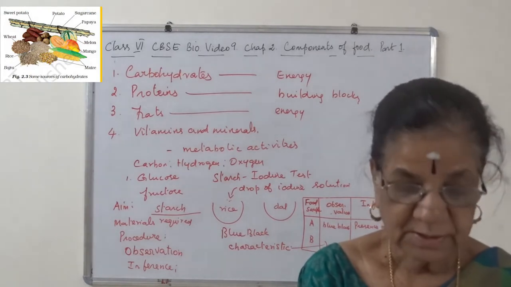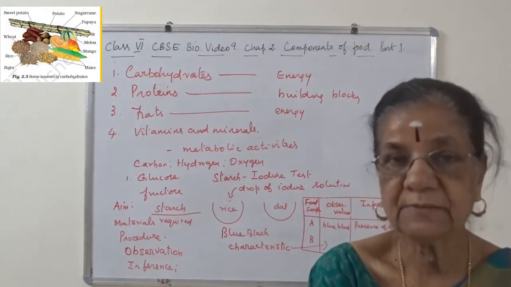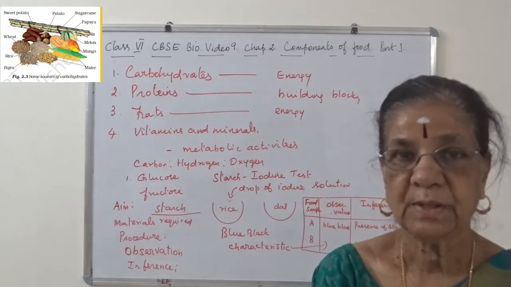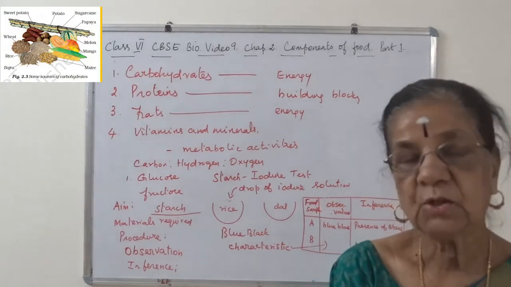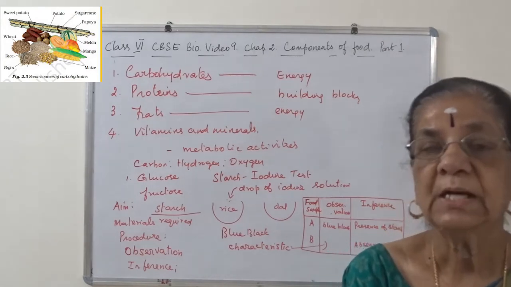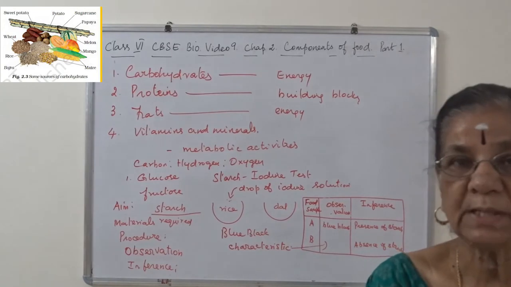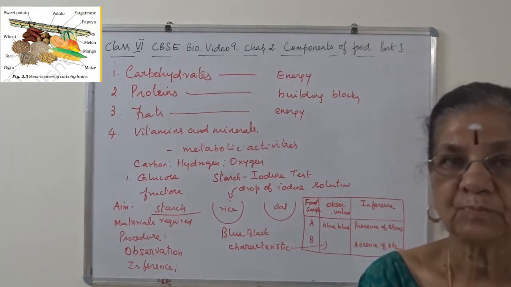So humans have to take dietary fibers. I hope I am clear. So along with these food components, dietary fibers and water are also needed by our body.